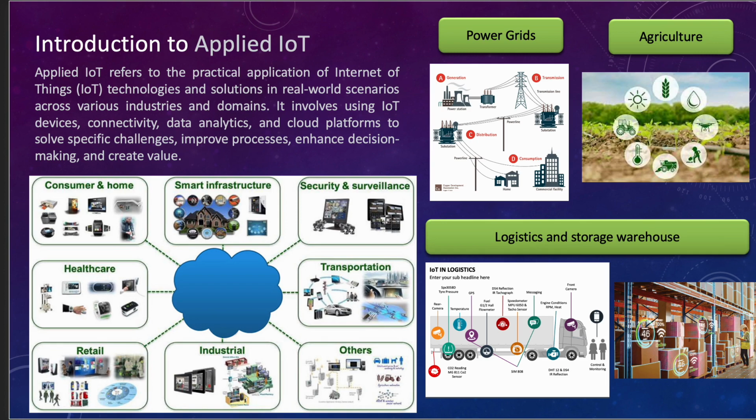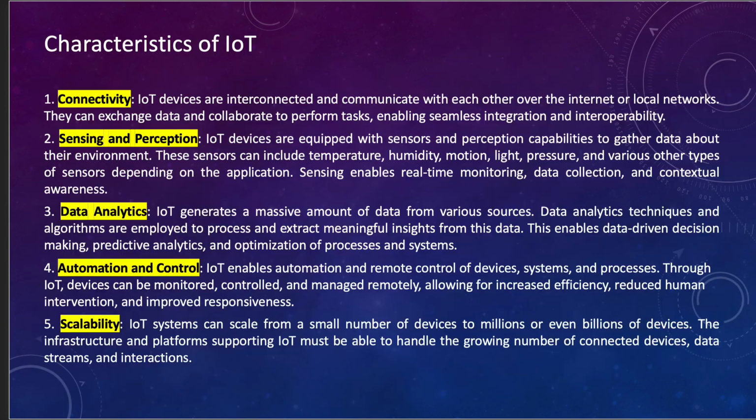So we learned about practical application, we looked at examples of practical application, and by now I think you have the foundational knowledge of IoT and how IoT can be applied, right?